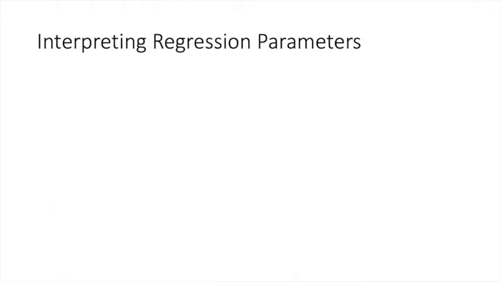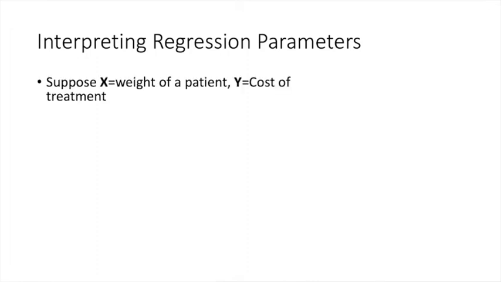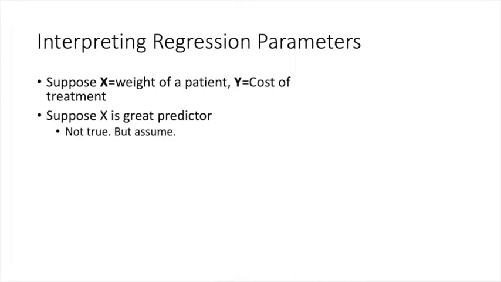Now, after we've got a regression line and its formula, we should be careful in interpreting it. Suppose we want to predict the cost of treating a patient with his or her weight. Now, suppose X, that is the weight, is a great predictor. This is not necessarily true, but let's assume to make the point.